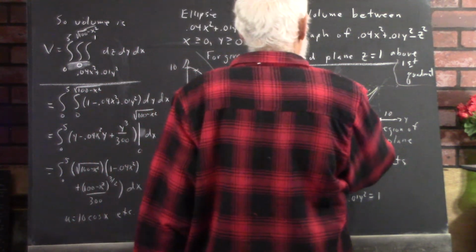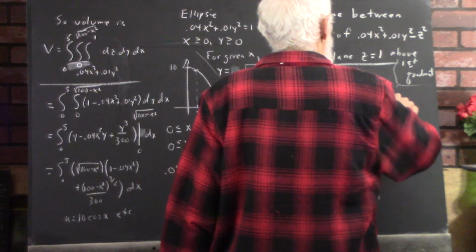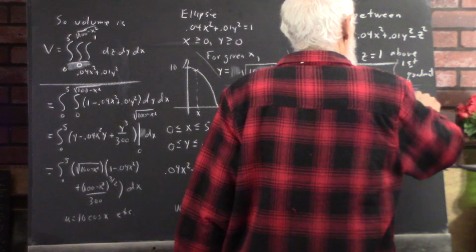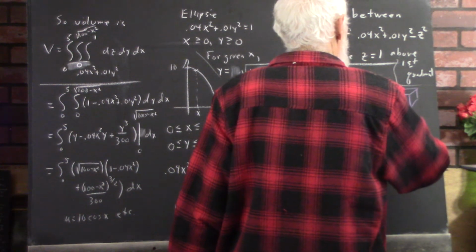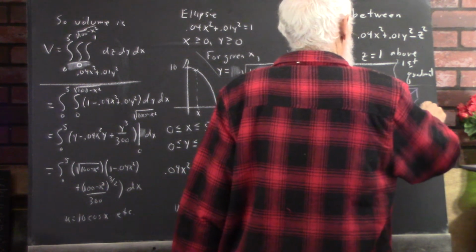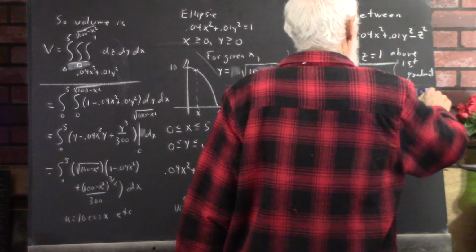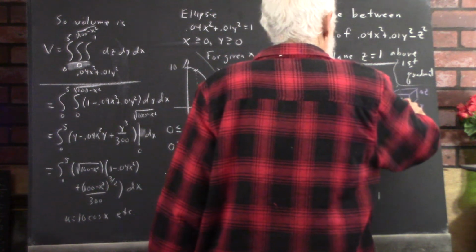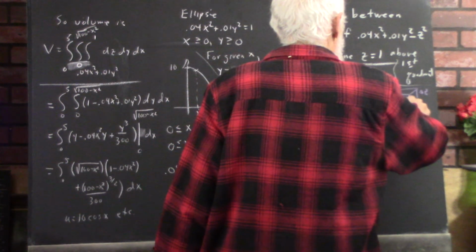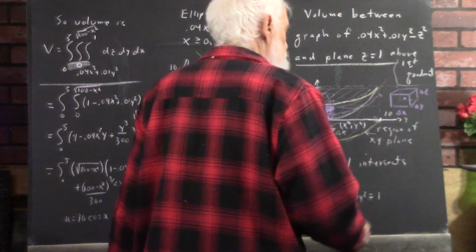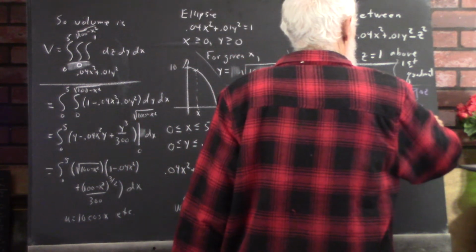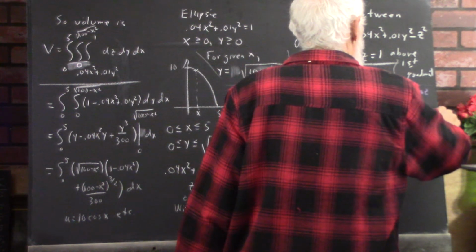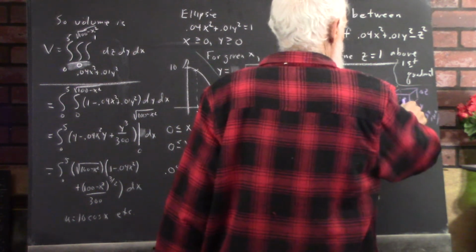So if I pull this thing out, I can draw a bigger version of it. It's delta x by delta y by delta z, and it's going to contain a sample point x star, y star, z star.